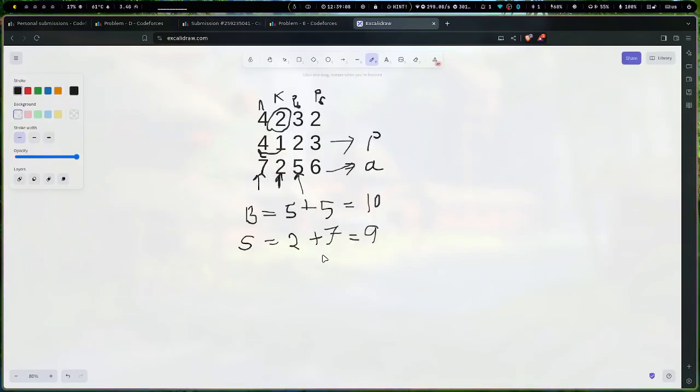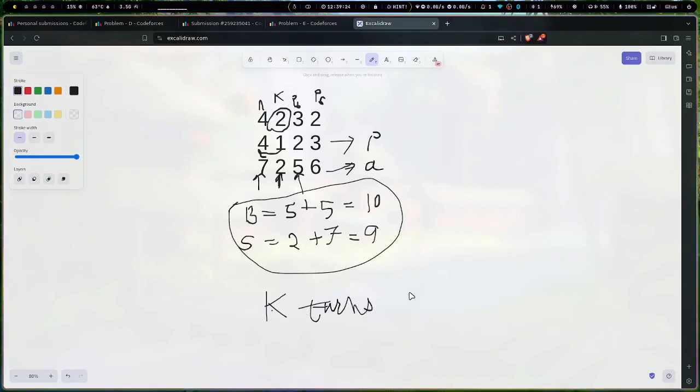So how can we go? Okay, see, we are given k turns. K turns, right? Now see, the size of this array P and A is limited.